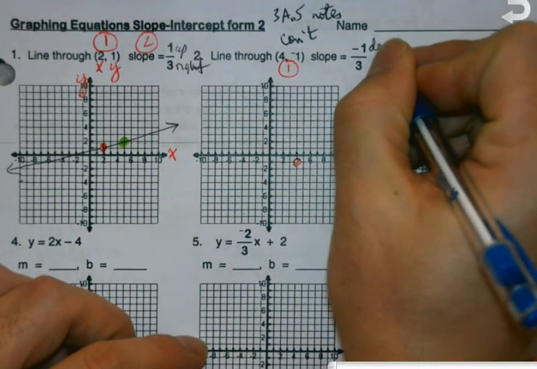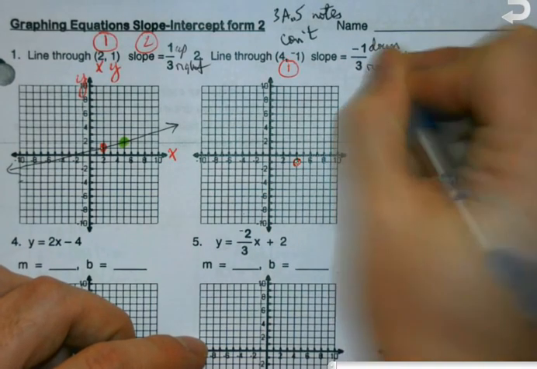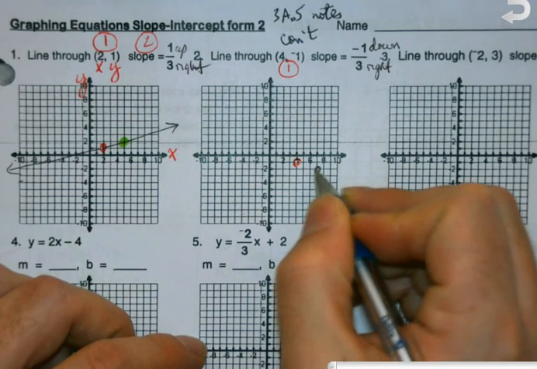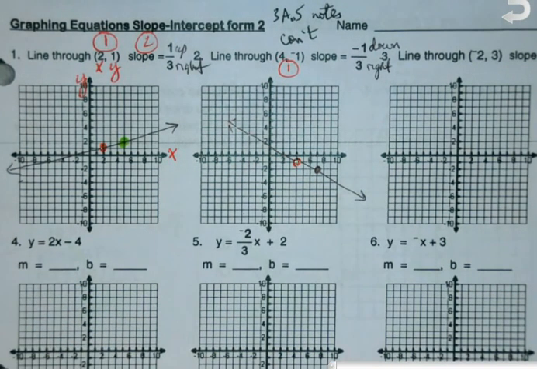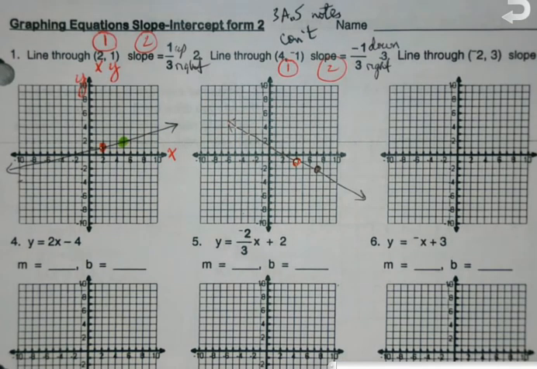Negative always means down. So down 1, right 3, draw a line through there. Don't make it real complicated. It's always point first, slope second.